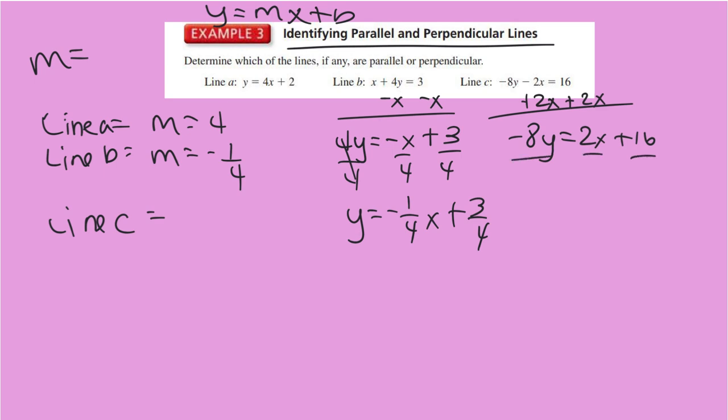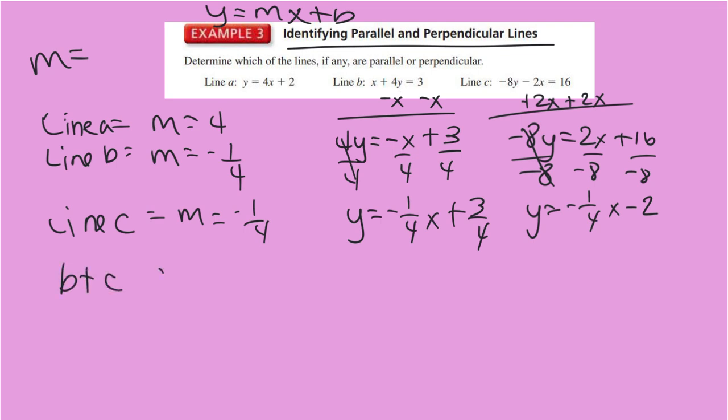Now I'm going to divide by -8, which becomes y equals -1/4 x minus 2. What is my slope? -1/4. So just by determining here, I'm able to see that I have parallel lines.